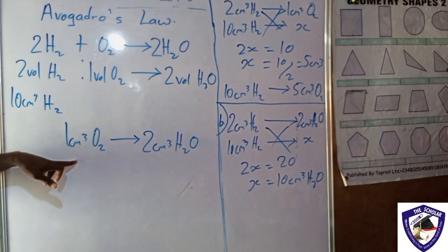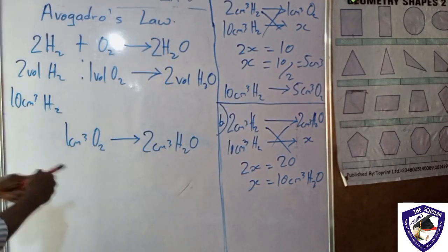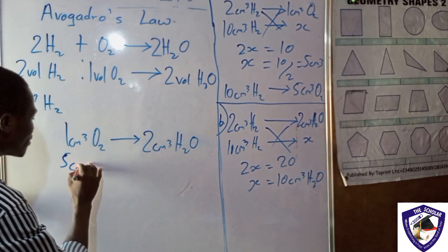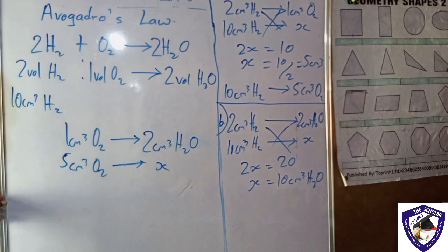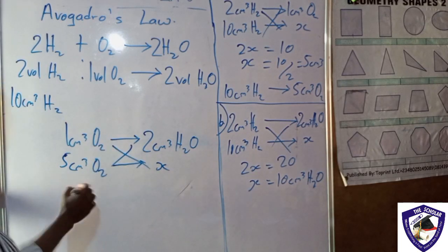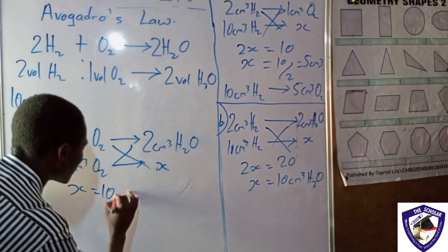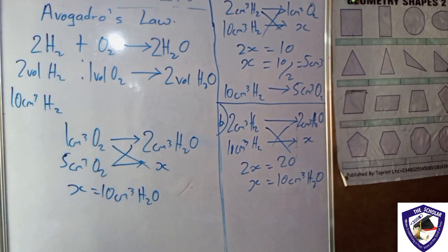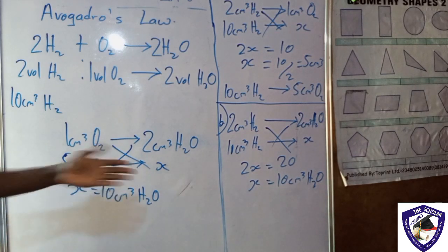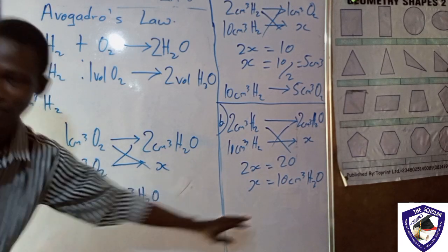Now, what we are going to use here is what we calculated in our first answer: 5 centimeter cube of oxygen reacts and gives us X. Cross multiply, we have X equals 5 times 2, 10 centimeter cube of H2O, water vapor. The same thing. This is just to show that you are correct.